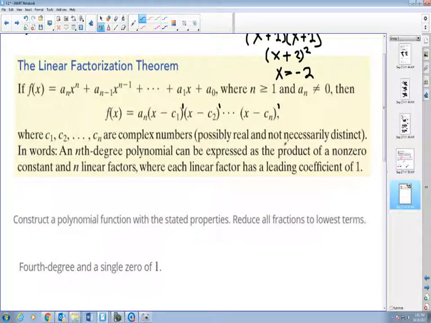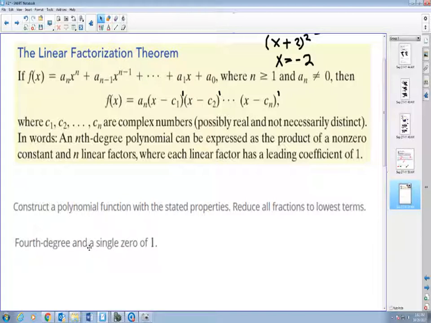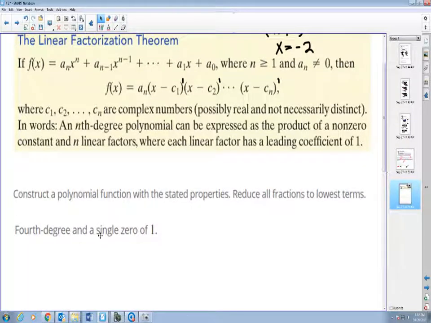Now, I put this theorem up here so we can do some examples. Construct a polynomial function with a stated property. For example, a 4th degree polynomial, which means the highest exponent will be 4, and I only have a single zero of 1, so x is equal to 1.